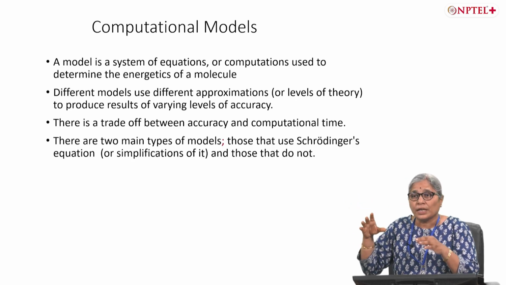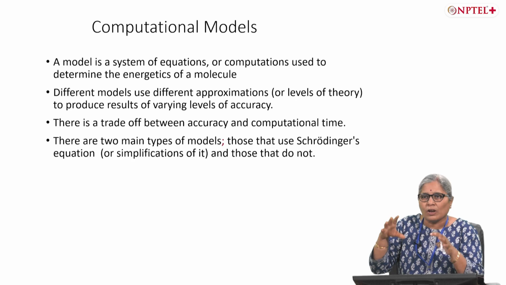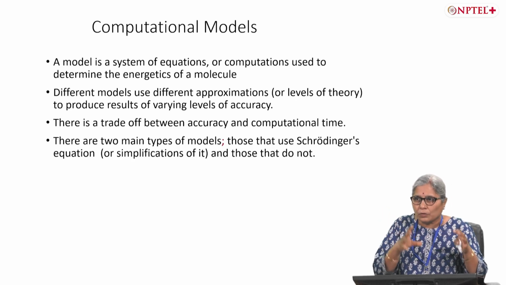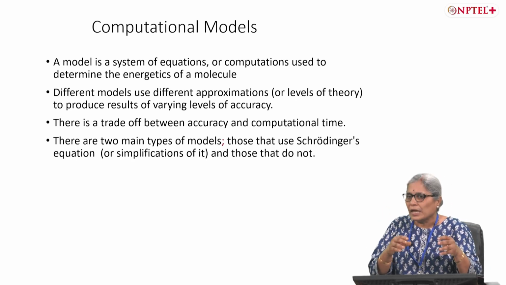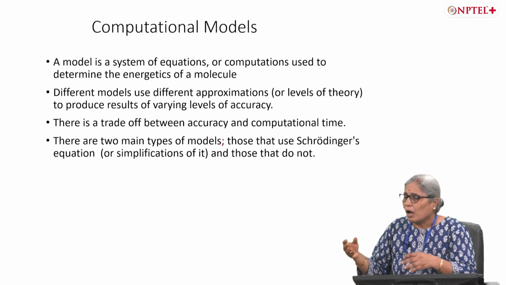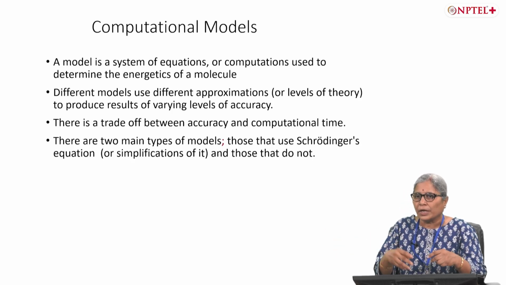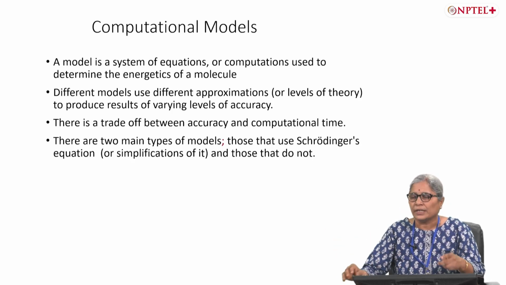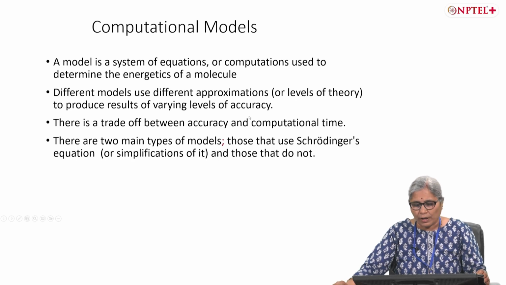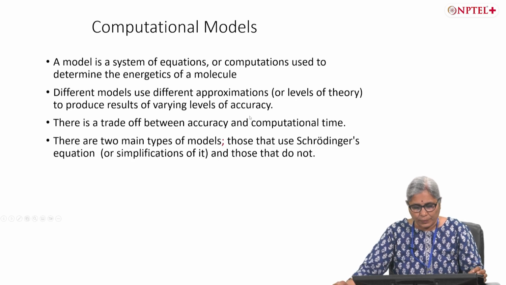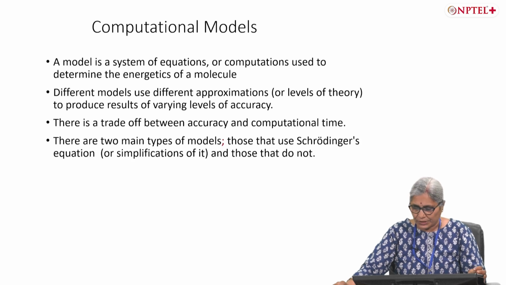At those conditions, these clusters will not remain as we model them computationally. There are several variations. How do we take them into account in the computational studies? That is very important for predicting the properties. So, there is always a trade-off between accuracy and computational time.